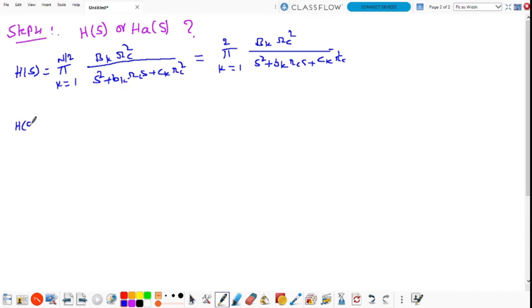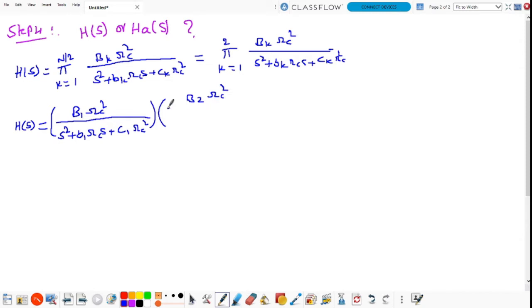We get the analog filter system function H of s is equal to: first substitute k is equal to 1, B1 omega c square by s square plus small b1 omega c s plus c1 omega c square, into next substitute k is equal to 2, B2 omega c square by s square plus small b2 omega c s plus c2 omega c square.